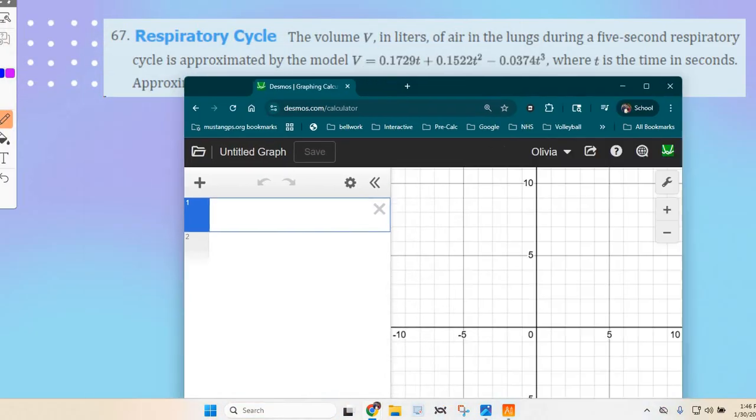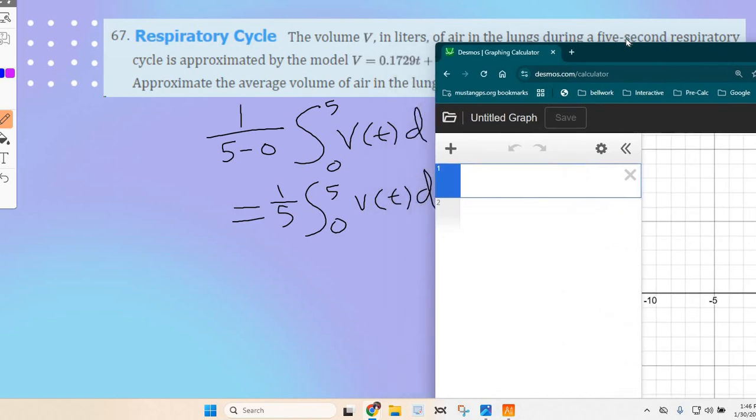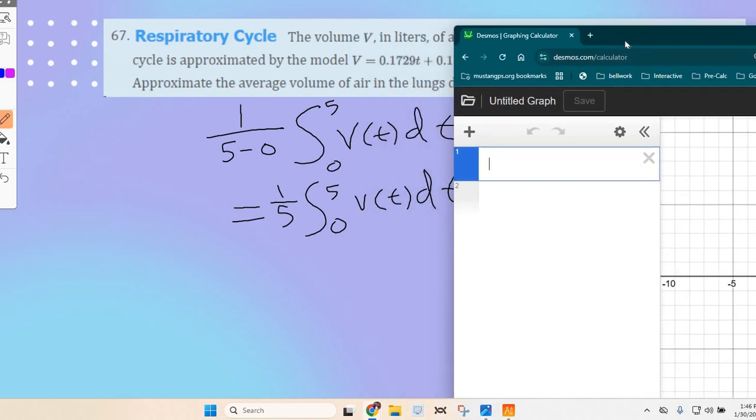So, just like your calculator can evaluate derivatives at specific numbers, we can also evaluate integrals at specific numbers. So, the first thing I'm going to do is let my f of x equal all of this jazz.